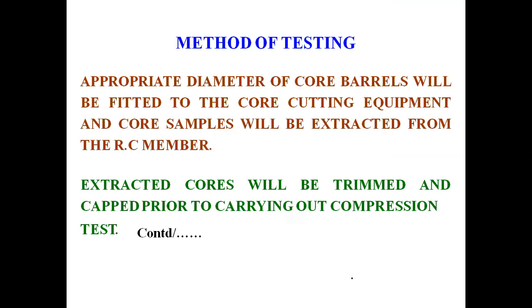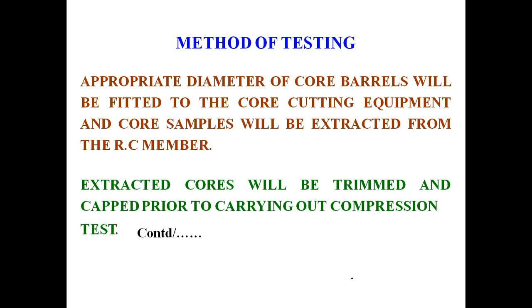The extracted cores will be trimmed properly and capped prior to carrying out the compression test. Just as you test your cube or a cylinder, in the same way you have to test the core samples by making your surfaces smooth. When the surfaces are not smooth, definitely your load won't be distributed equally.